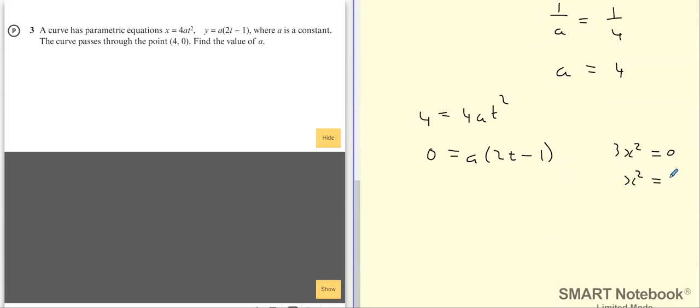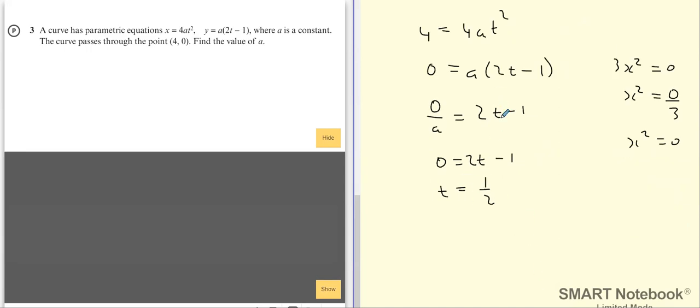We could divide by the constant and get x squared equals 0. So at this stage, I can do 0 over a, and I get 2t minus 1. So 0 equals 2t minus 1, and t is equal to a half.